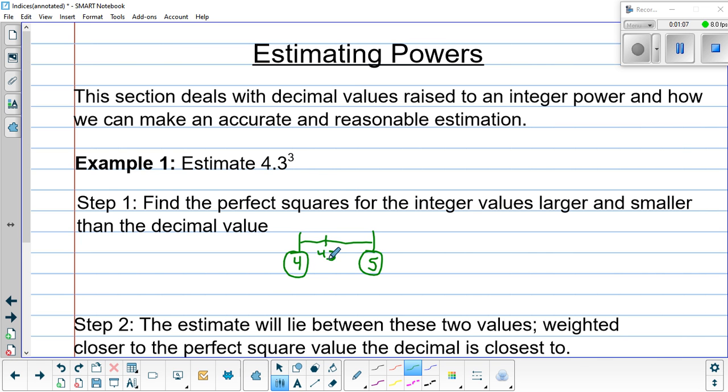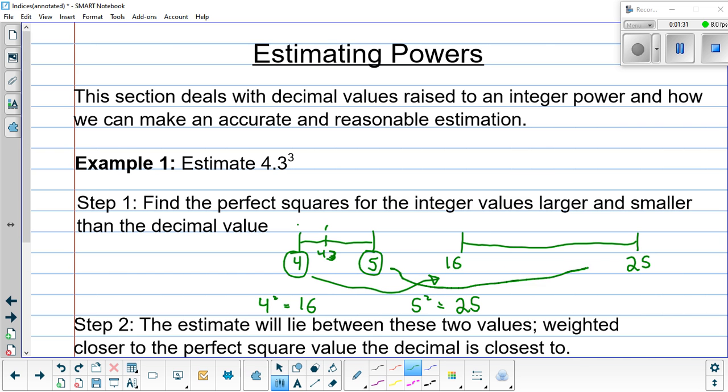So 4 squared is equal to 16, and 5 squared is equal to 25. That means my value is really between 16 and 25. The 4.3 is kind of over here, right?